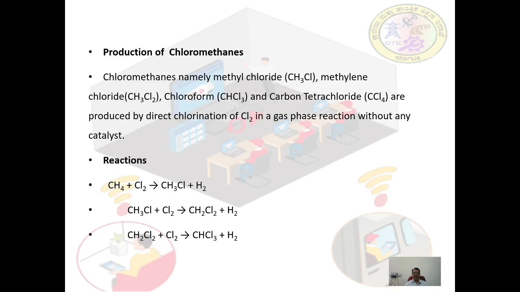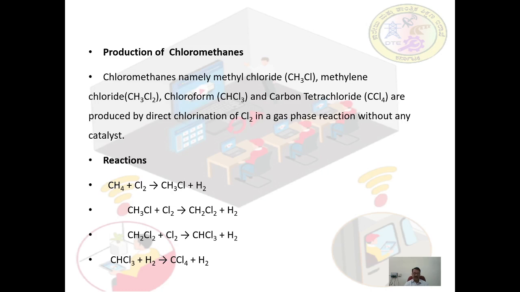Methylene dichloride plus chlorine gives chloroform and hydrogen chloride. Chloroform CHCl3 plus chlorine Cl2 gives CCl4 plus hydrogen chloride.